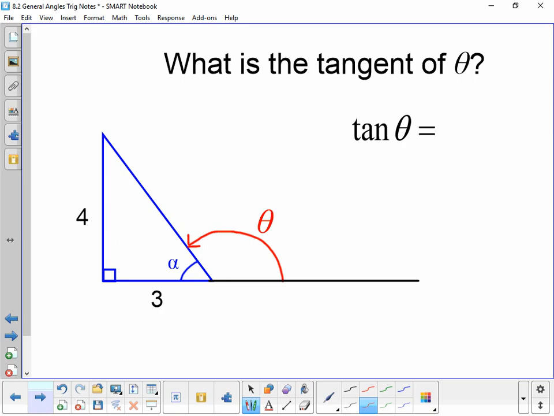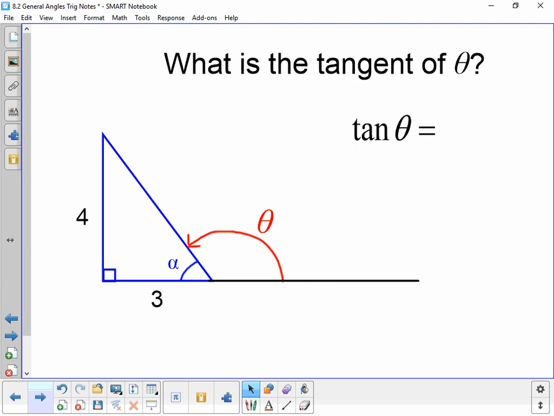There's no opposite side. There isn't a triangle that includes angle theta. And that's what we're going to be doing today, finding a way to define the tangent of this angle theta, or any angle that is not included in the right triangle.